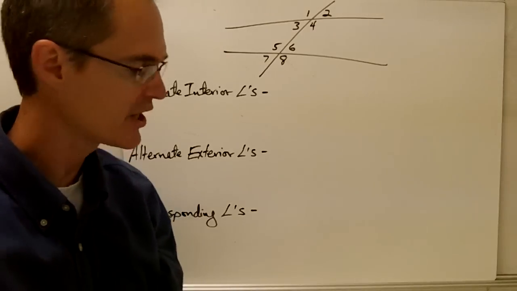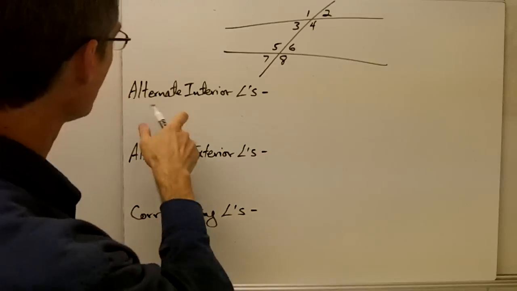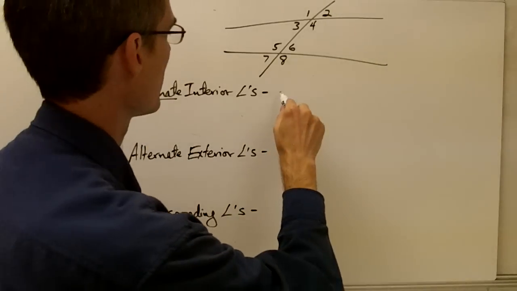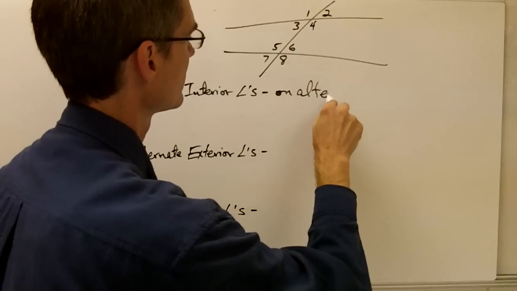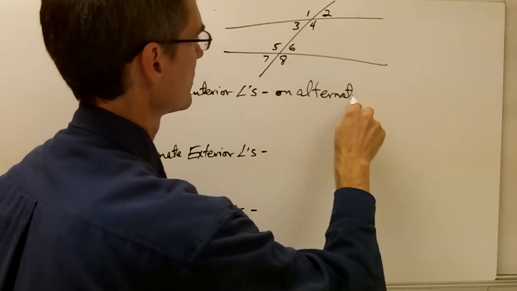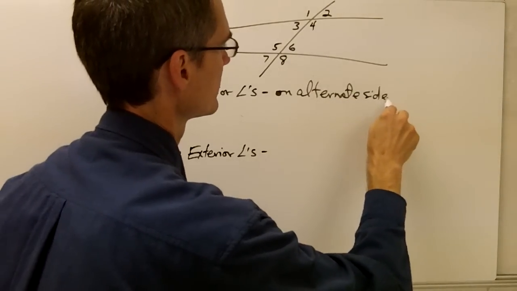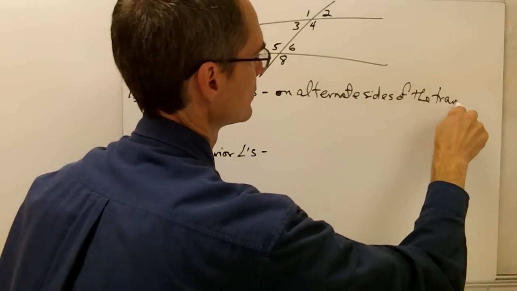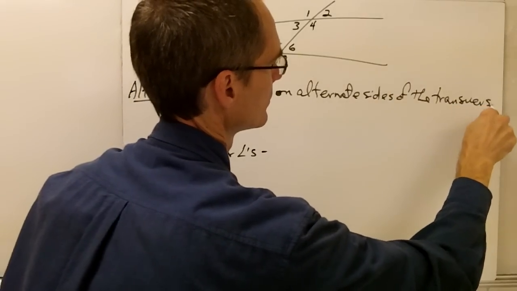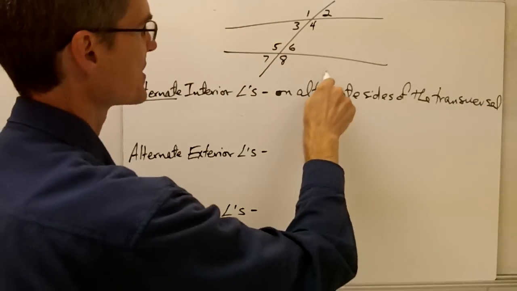Okay, alternate interior angles. Alternate interior angles are angles that are on alternate sides of the transversal. Alternate just means opposite sides.